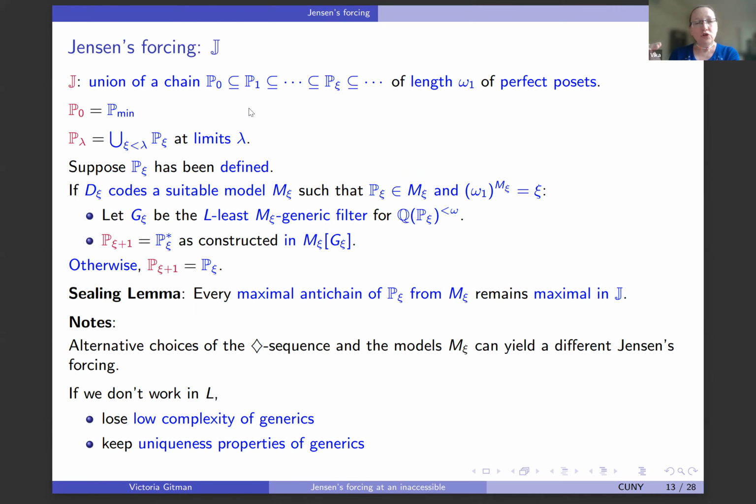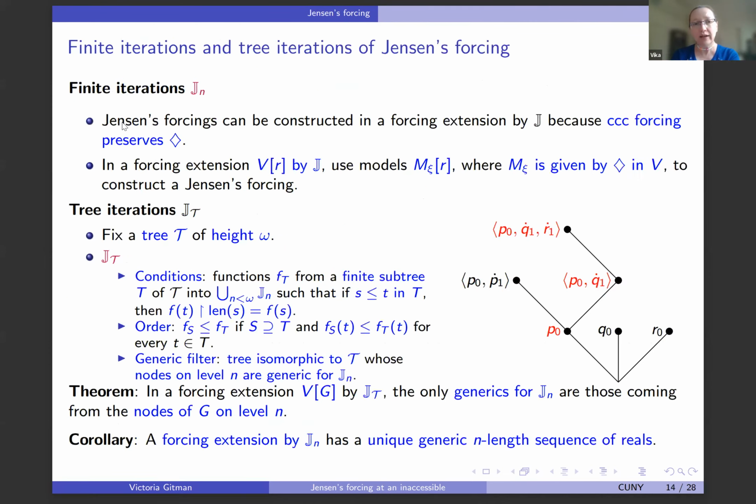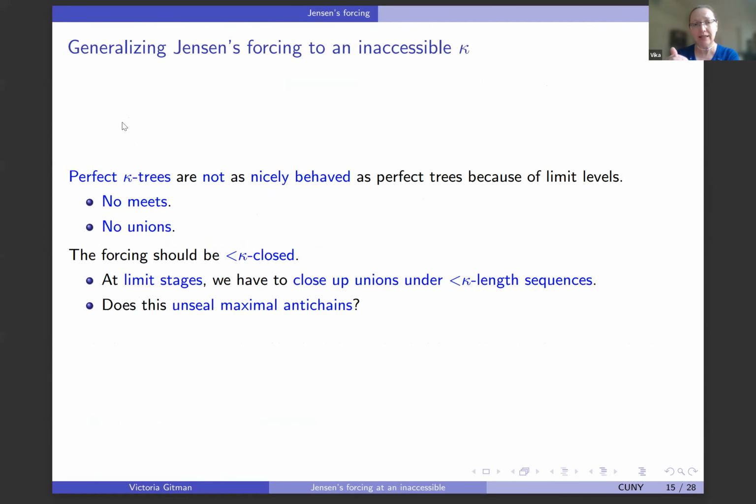But to ensure closure, we would have a problem if we take unions at limits of cofinality less than kappa, because at those we would break closure. So at limits of cofinality less than kappa in the same construction, we would need to close up under less than kappa sequences. But at the same time, we're trying to seal maximal anti-chains.